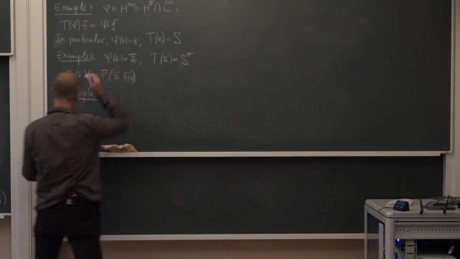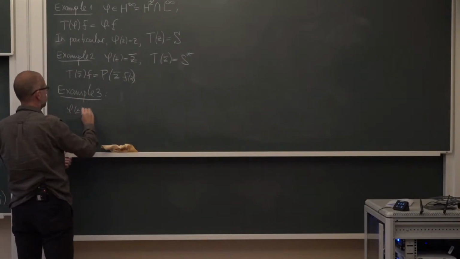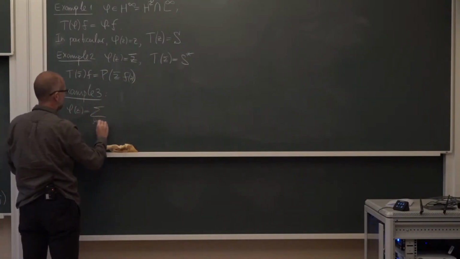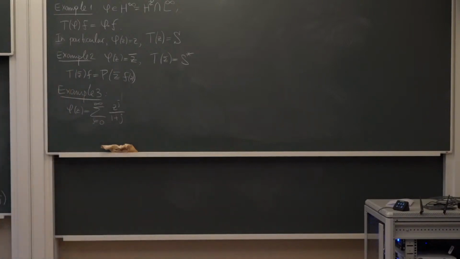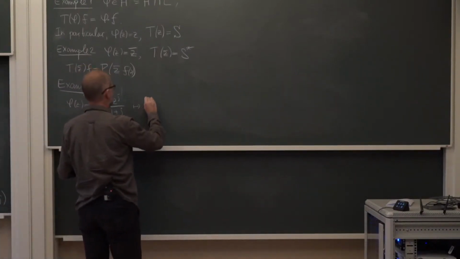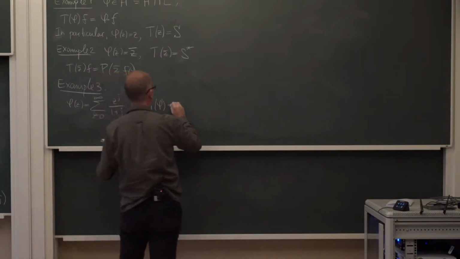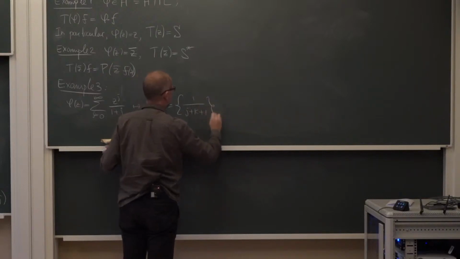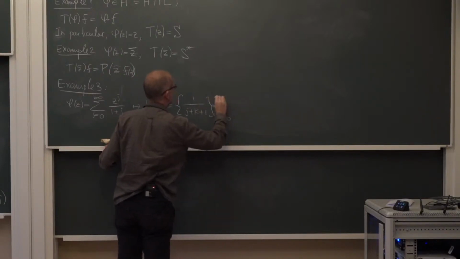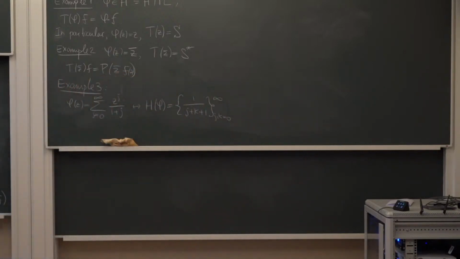If we take for phi of z this function on the unit circle, then the corresponding Hankel operator is the well-known Hilbert matrix. Okay, so this is just to get us going.